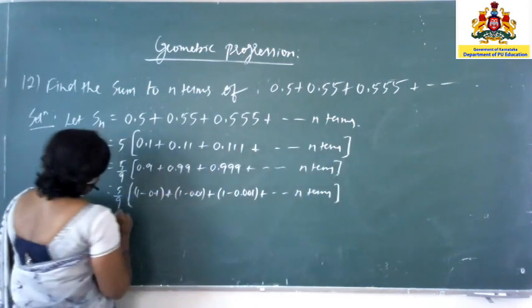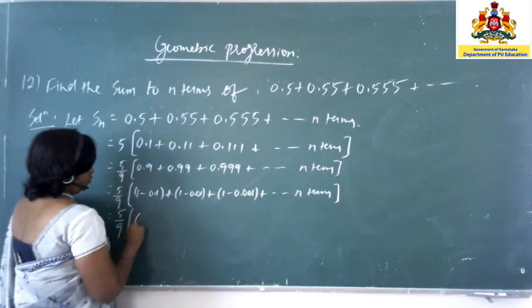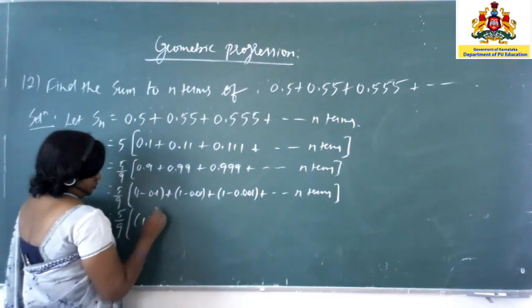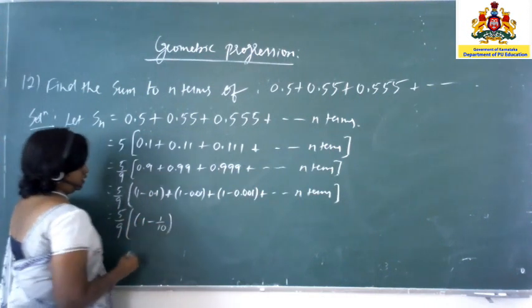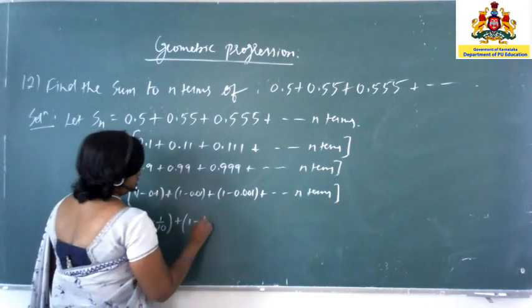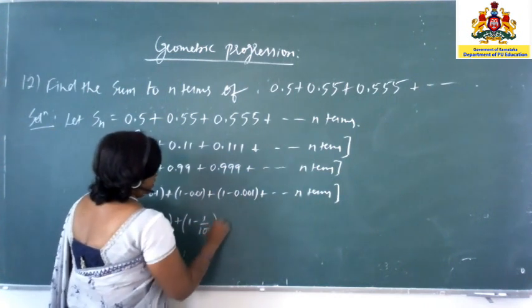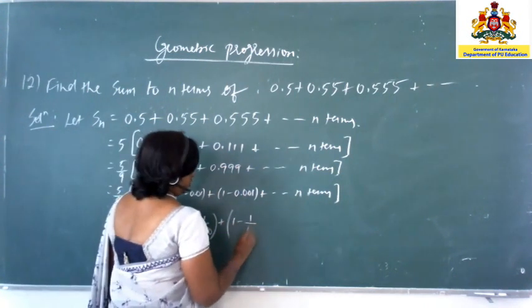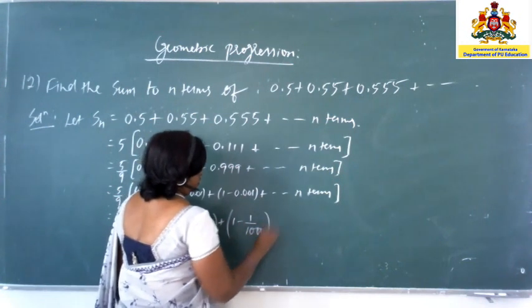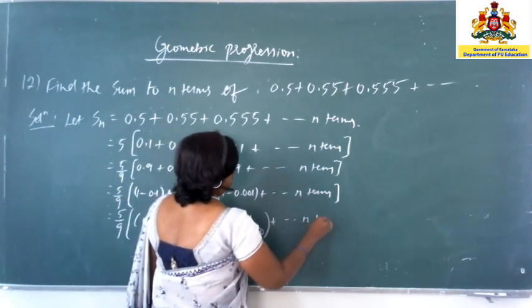So that is equal to 5 by 9 into 1 minus 0.1 is 1 by 10. I'll write it as 1 by 10. Plus this is 1 minus 1 by 100. Plus 1 minus 1 by 1000. Plus so on up to n terms.